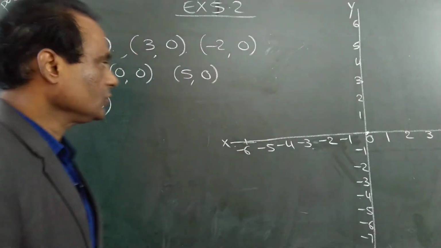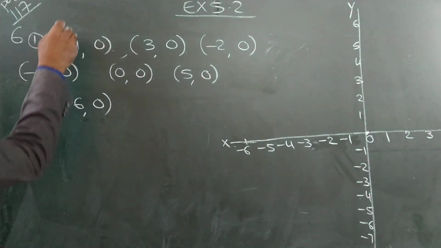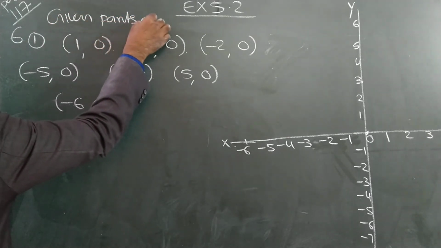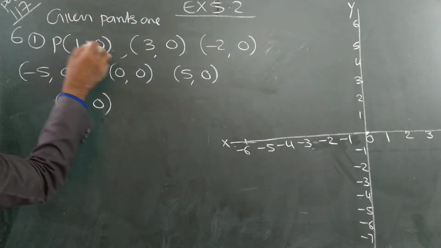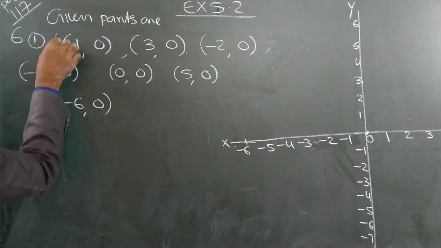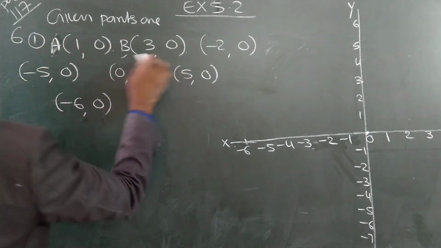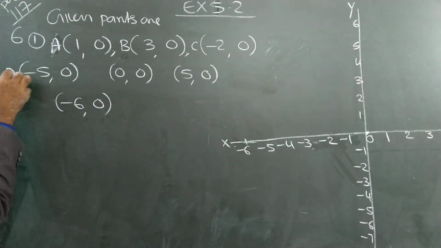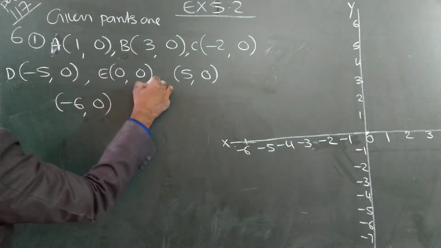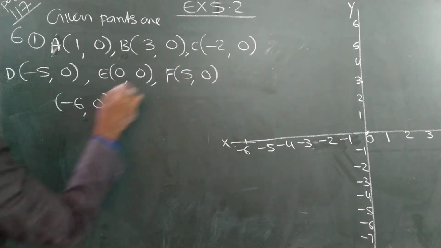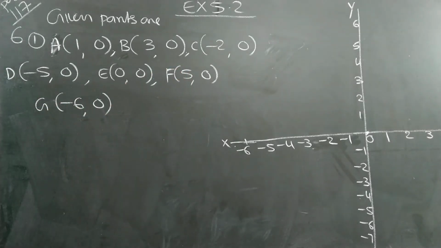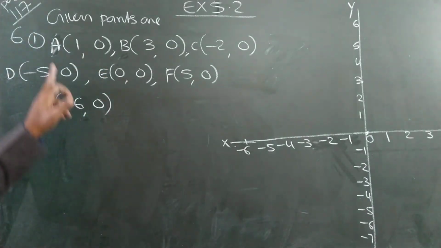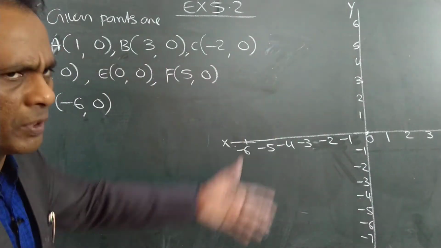Now, the given points. Let us denote some names: A, B, C, D, E, F, G. The point 1, 0 is given, I am taking it as A, so that it is easy for explanation.